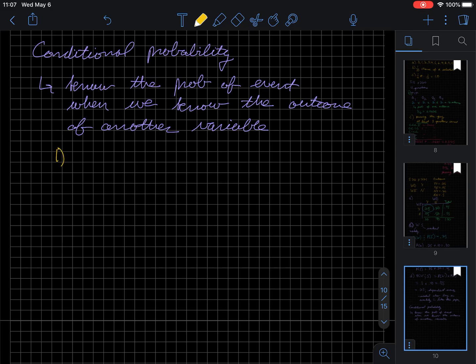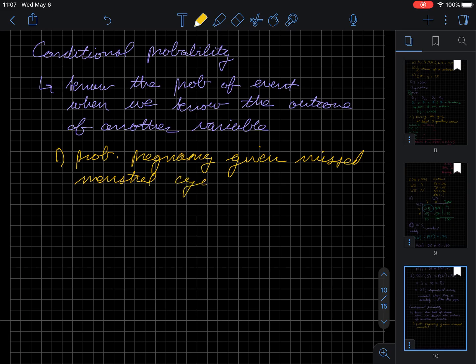Classic example is, what is the probability of pregnancy given a missed menstrual cycle? Or what is the probability of death given someone doesn't answer their phone?